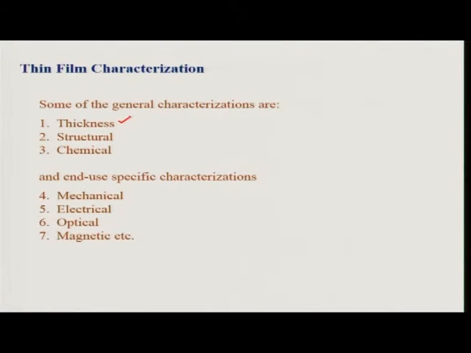Of course, we are depositing thin films, but we want to know what the thickness is, and can we control it. Then we also want to know the structural properties, which are morphology, the grain size, if it is polycrystalline what the orientation is, what kind of material and phases are present, and also chemical properties.